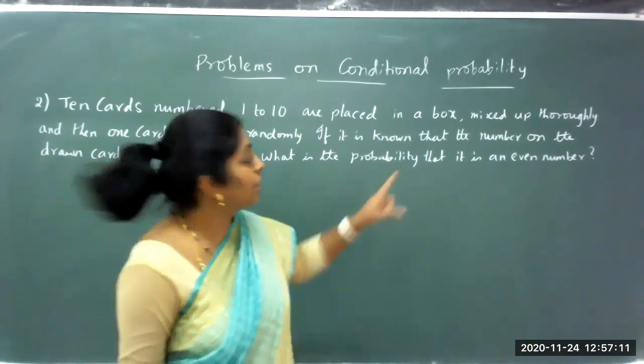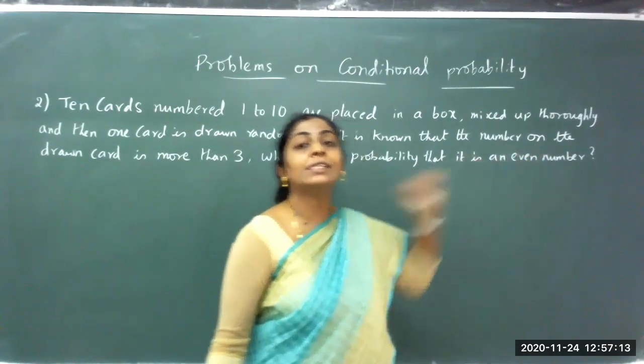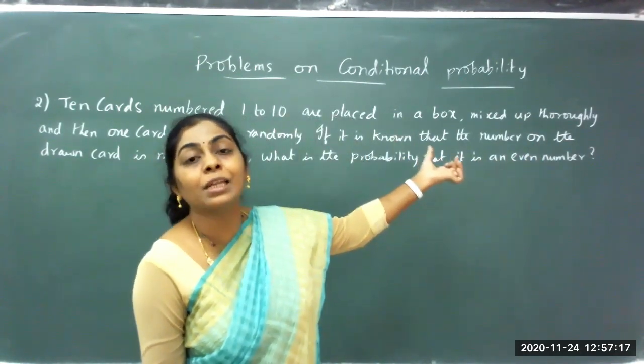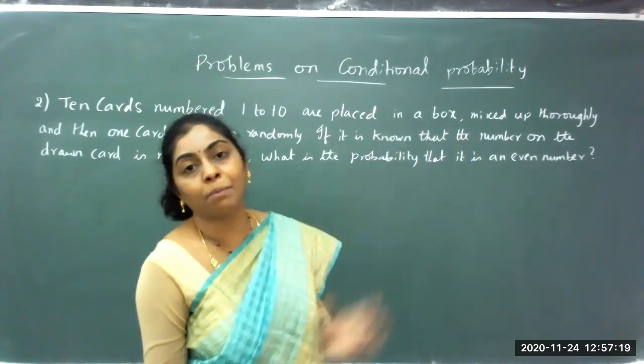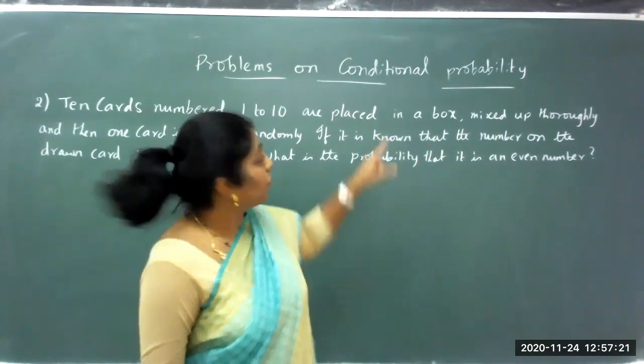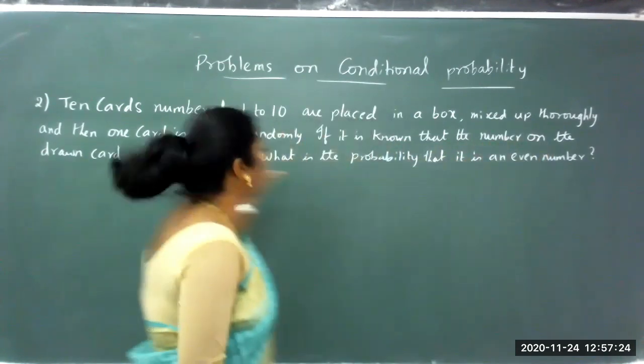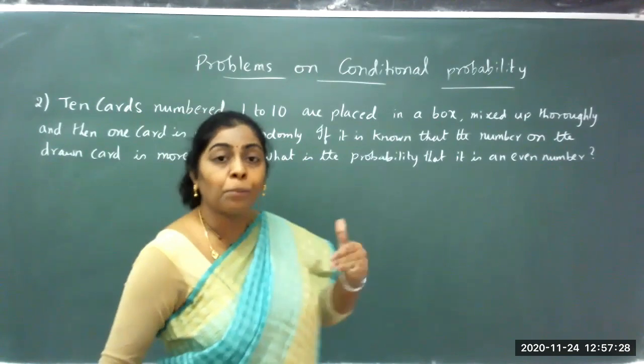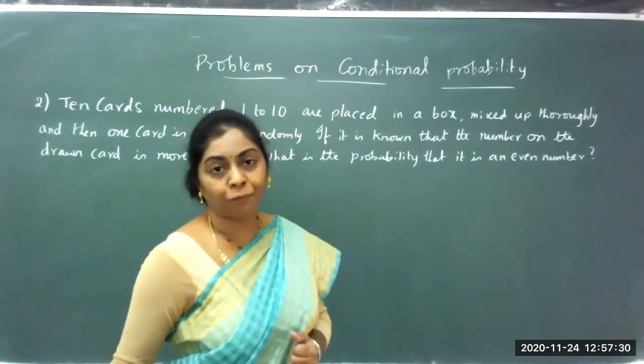So I have to find the probability that it is an even number. This event I consider as E. When we know that the drawn card is more than 3, I take it as event F.